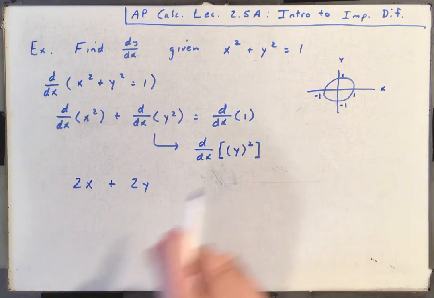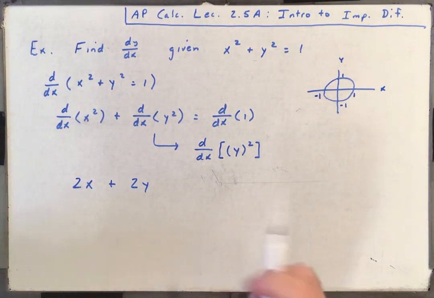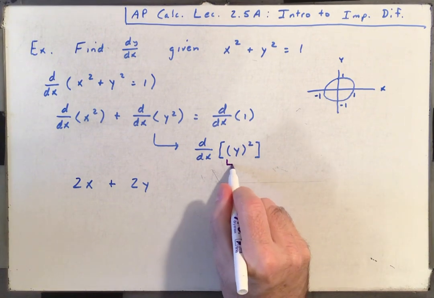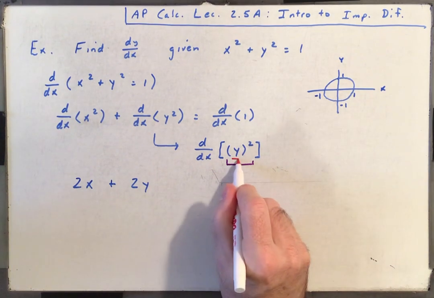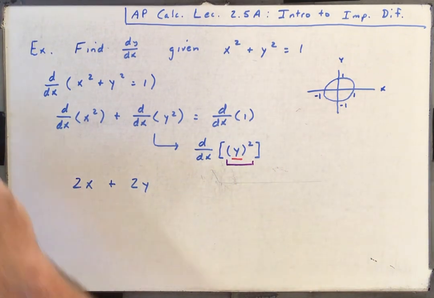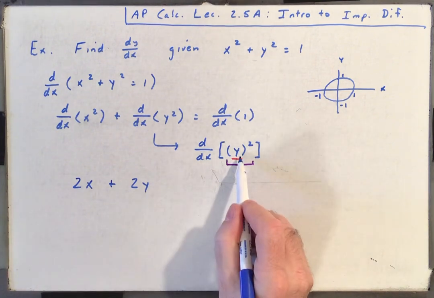And then the outer function is y squared. The inner function, which I'll put in red, is just y.